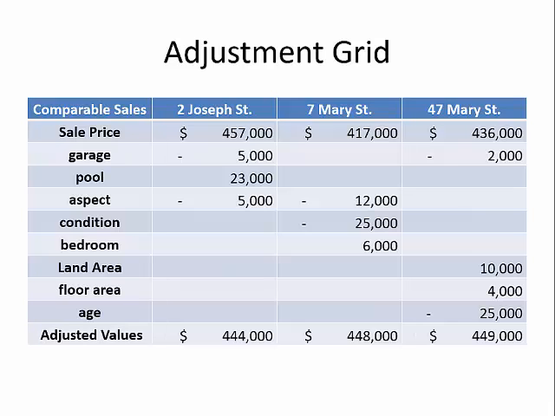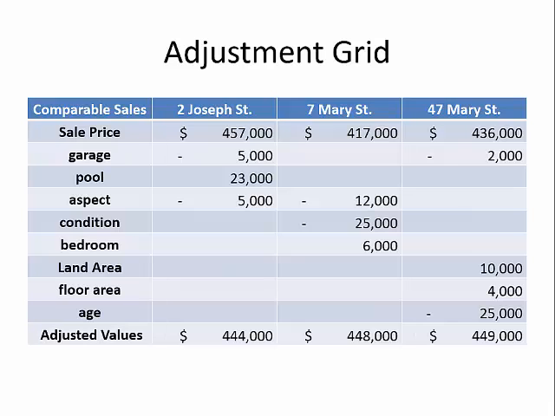There are a number of dangers with using the adjustment grid as though it could be applied with mathematical precision, and that comes from the fact that putting a precise dollar number on something like the value of a pool or an aspect is ultimately rather subjective.